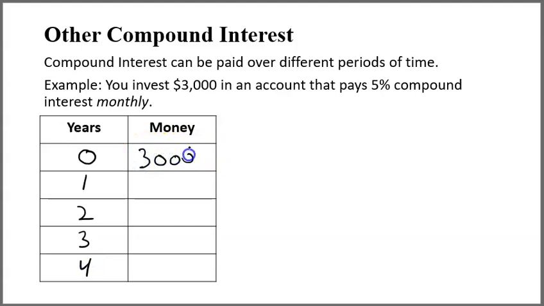Now this is how this works. What I'm going to do is take my 5% and divide it over the amount of months. What the bank does is take that percent and divide it evenly over the periods of time. And so 5% over 12 is, I'm going to round this, 0.417%.